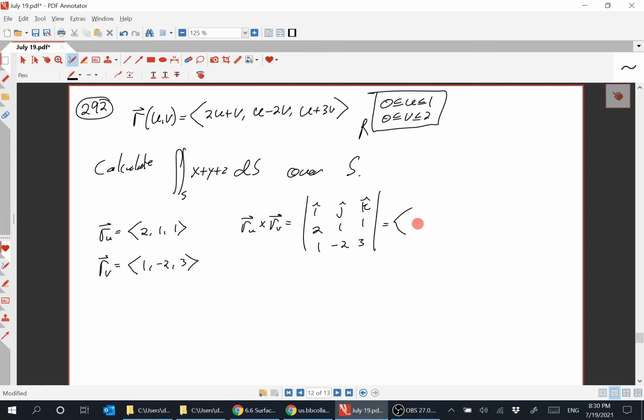So this is 3 plus 2 is 5. And then this is 6 minus 1 is 5, and you're going to negate it. And then in the k, you've got minus 4 minus 1 is minus 5. So the length of r_u cross r_v is 5 square root of 3.